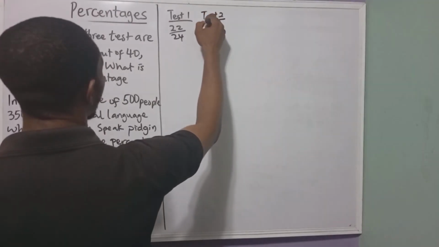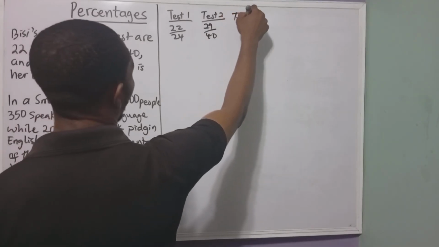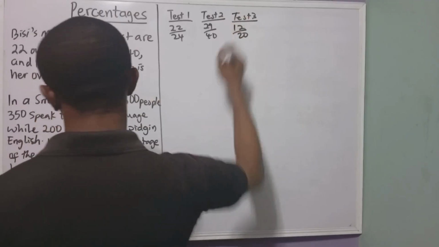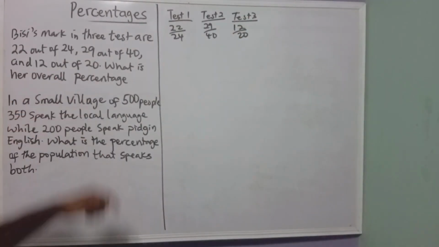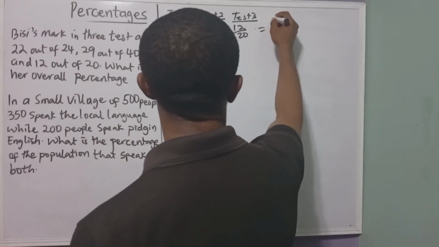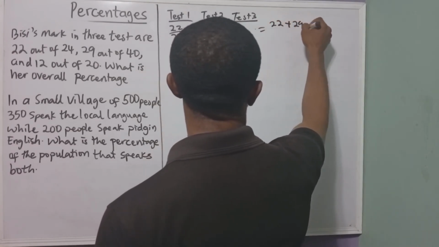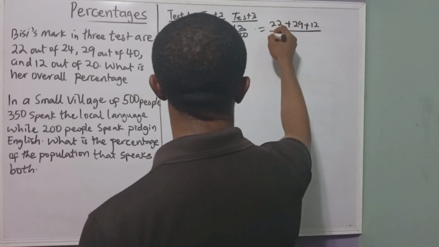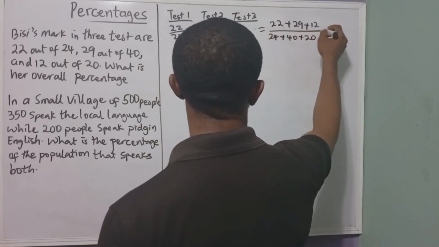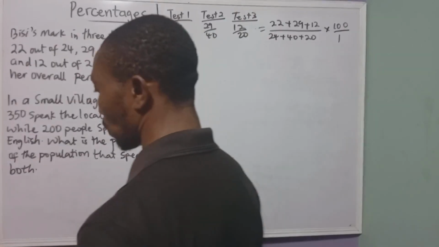Test 2, she has 29 over 40. And test 3, she got 12 over 20. So for us to find the overall percentage, it would be 22 plus 29 plus 12 all over 24 plus 40 plus 20, times 100 over 1.